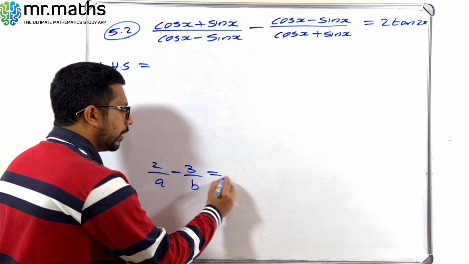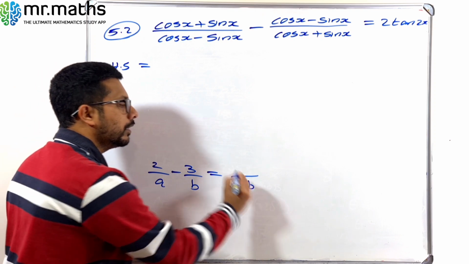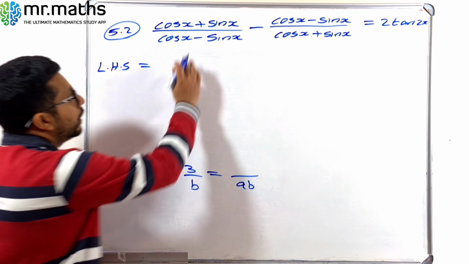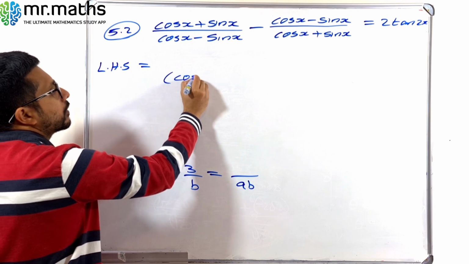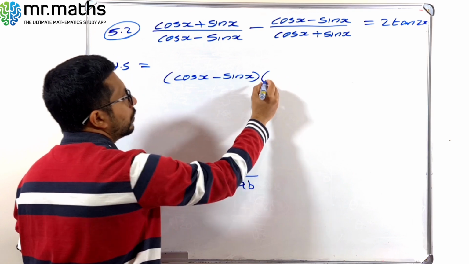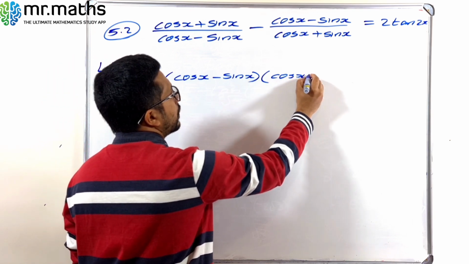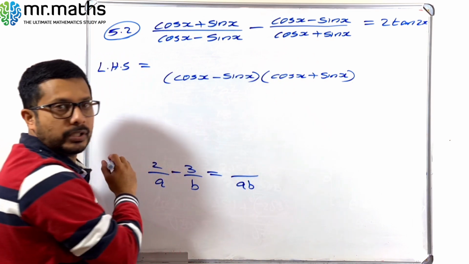Then what is the LCM here? You multiply these, ab is the LCM. Similarly here the product is the LCM, that is cos x minus sin x into cos x plus sin x. The product of these I took as the LCM.